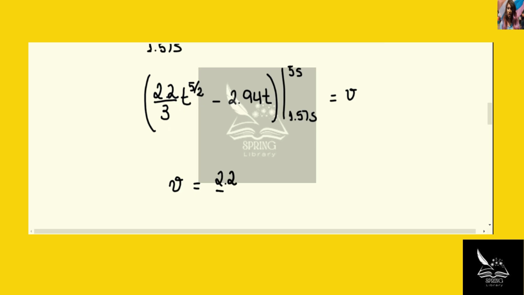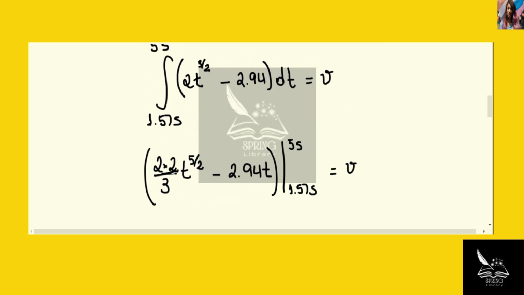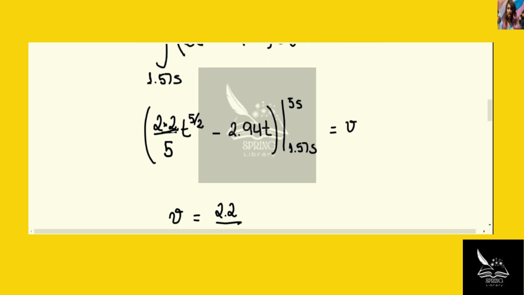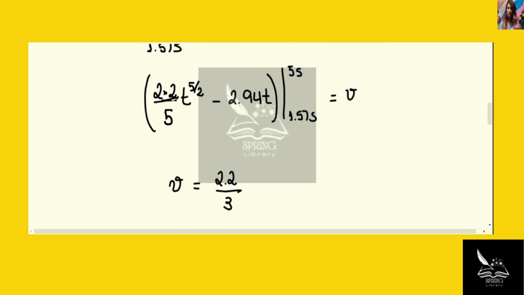I'm sorry, it should be 2 times 2, not 2.2, sorry for that. Because the integral of t to the 3/2 is 2/5 of t to the 5/2. I'm sorry for the mistake.